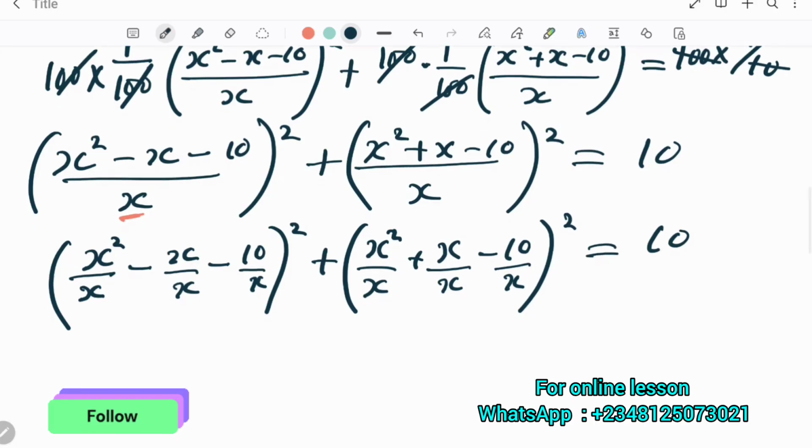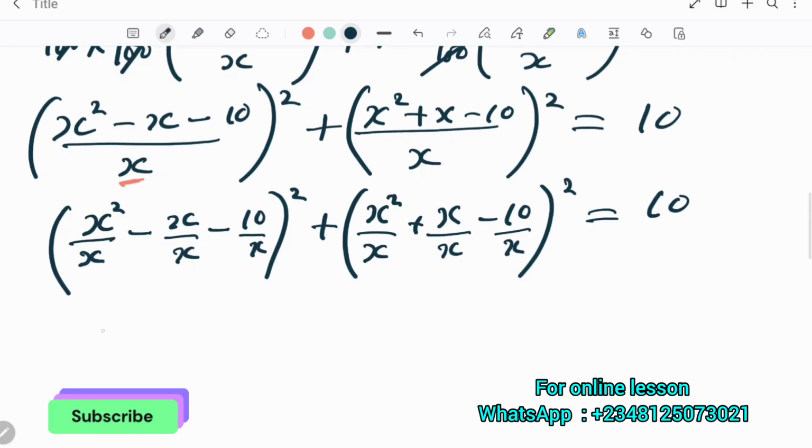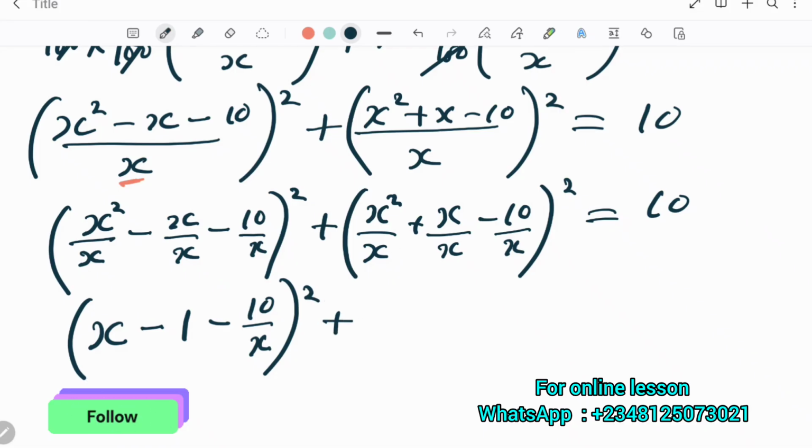When we cancel out, we are left with x, then x over x gives us minus 1, then minus 10 over x. Remember there is a square. Now plus the next one, we still have x, then plus 1, then minus 10 over x, all squared, equal to 10.